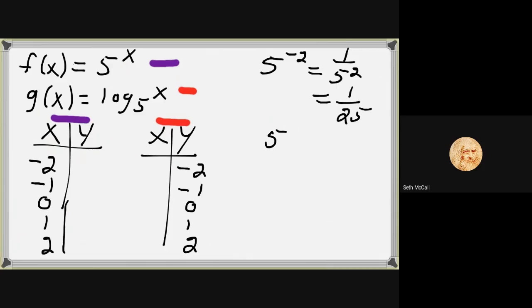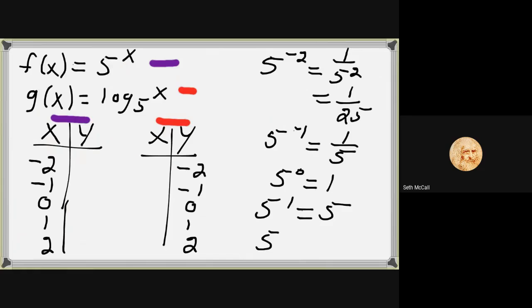5 to the -1 is 1 over 5. 5 to the 0 is 1. 5 to the first is 5, and 5 to the second is 25. So these are all your y values right here.